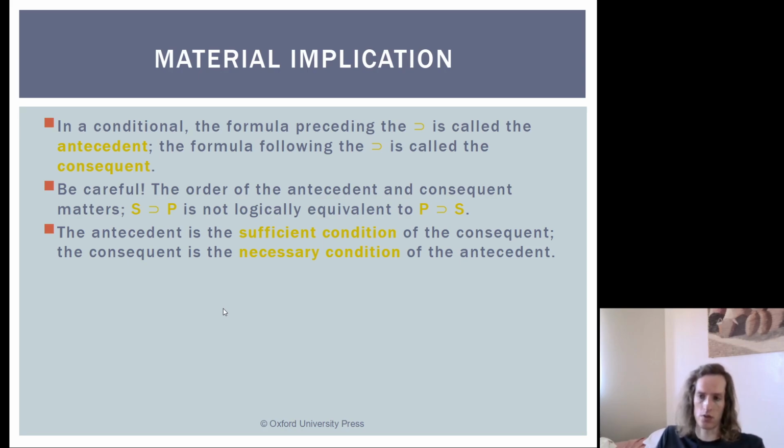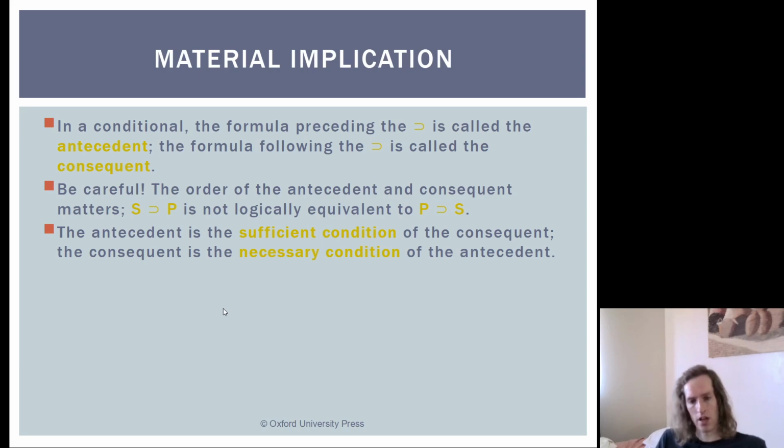So, let's talk about this in terms of conditionals. If I say something like, if an object is a square, then it has four sides, in this case, being a square is a sufficient condition for having four sides, and having four sides is a necessary condition of being a square.